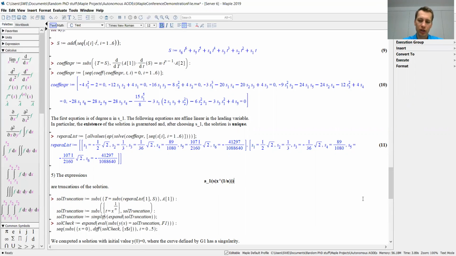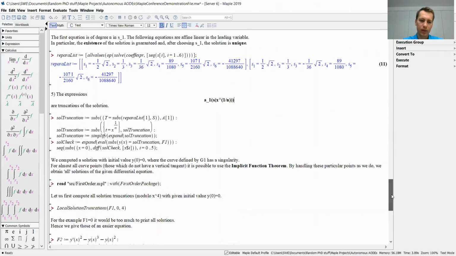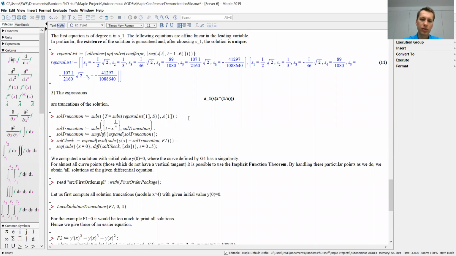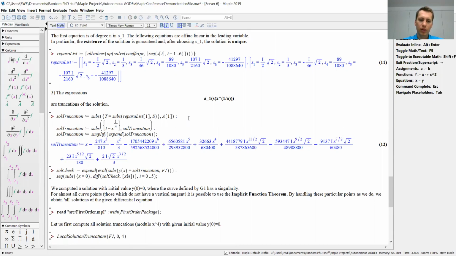N is the ramification index. So let's do this with what we have computed here. It's a rather long solution, so we have truncated with x to the power 7 here.